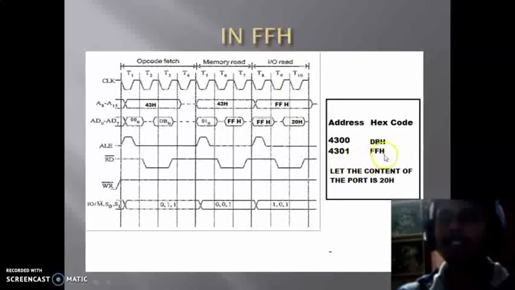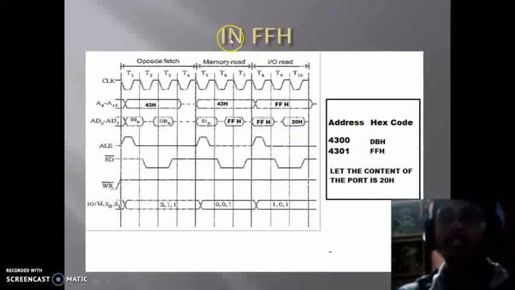This FFH will be stored in 4301H. To operate it, we need 3 machine cycles. First is the opcode fetch machine cycle, then we have to read the port address, that is FFH, then the data from the port address will be stored into the accumulator. So an input output read operation will happen. So this is the overall operation.